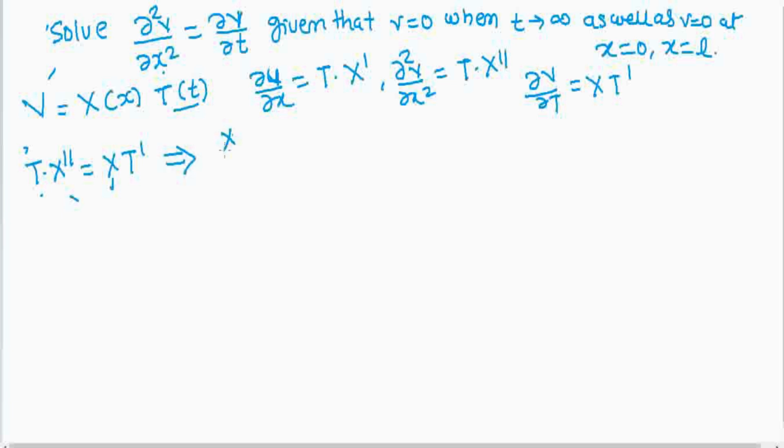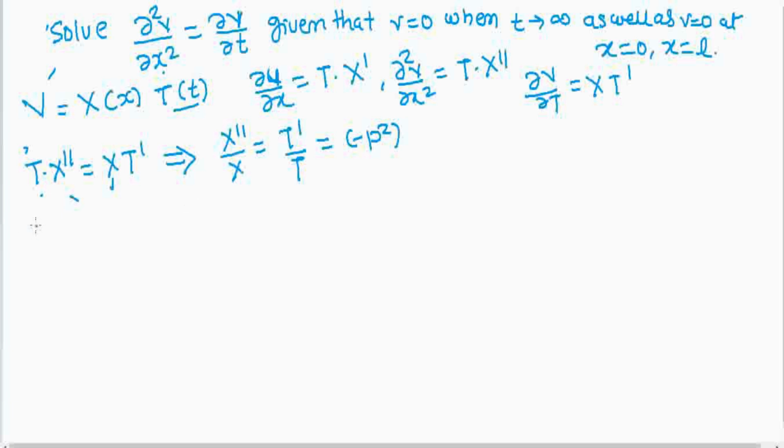We get X double dash divided by X equal to T dash divided by T. Now the variables are separated. Now we equate this with the constant minus p square. As we have seen, when variables are separated, we need to equate with a constant to get a solution.